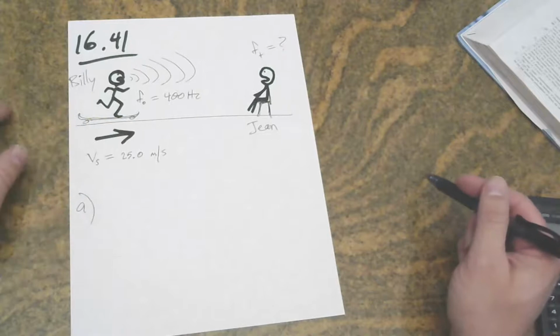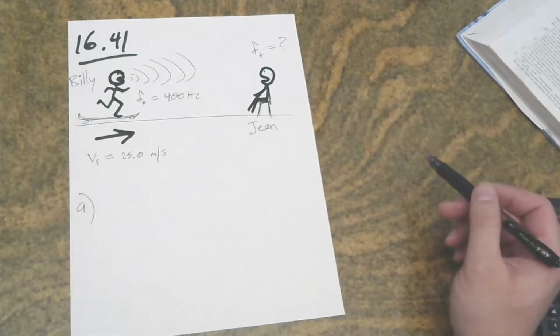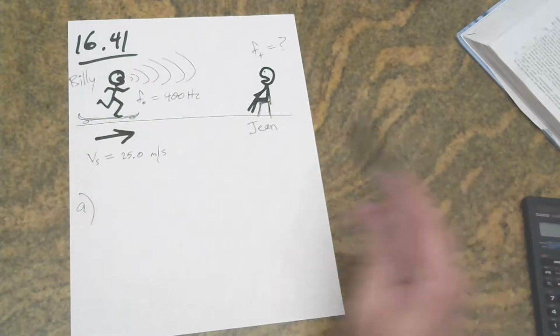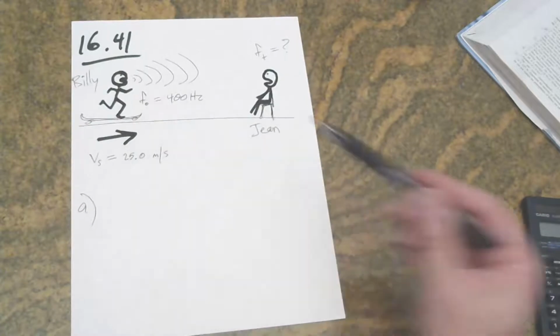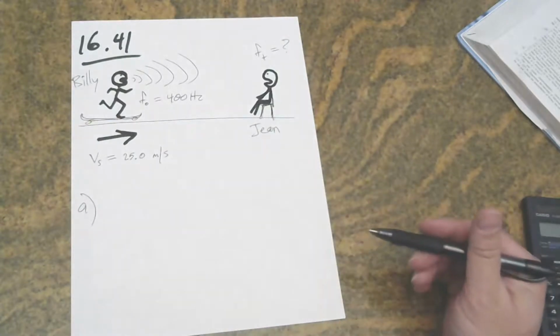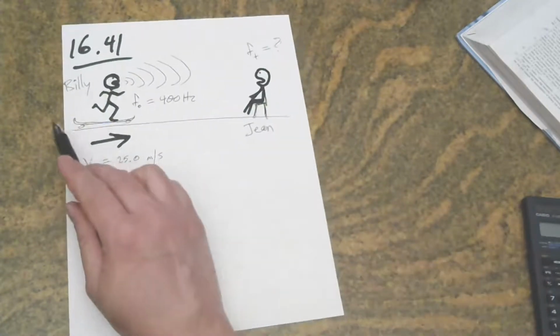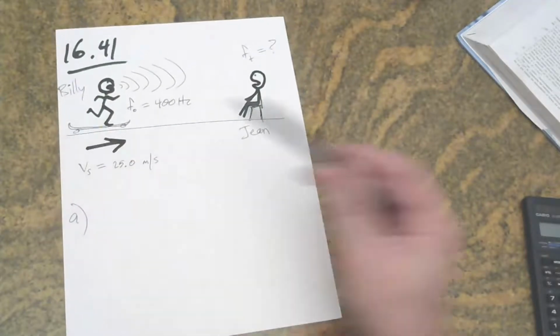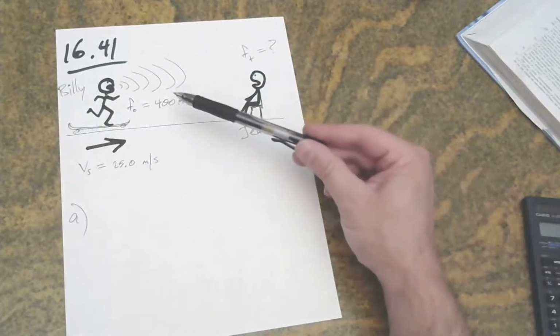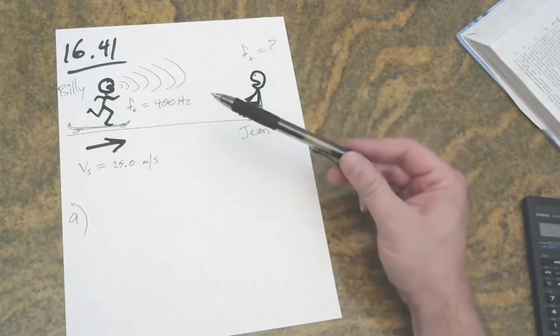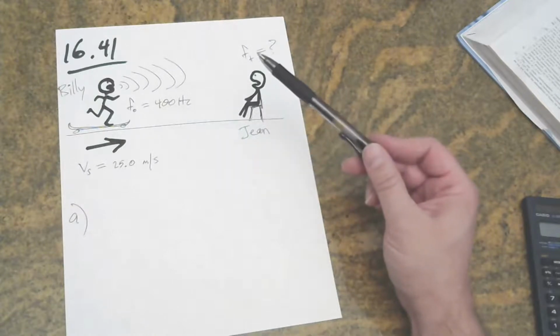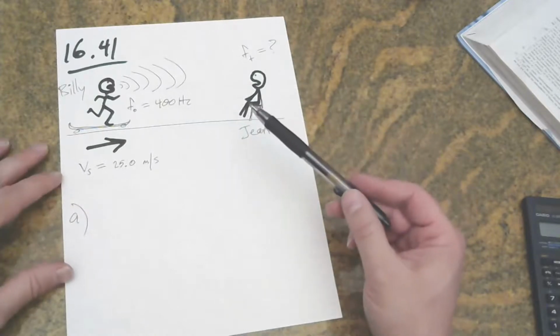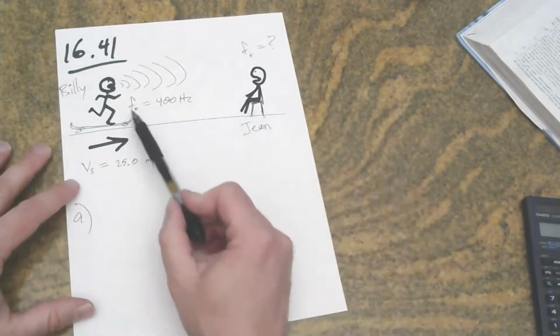Billy is producing waves that travel through a medium, the medium being air. So we know that the wave fronts will bunch up in front of him, and they'll spread out behind him, or you could say they're compressed in front, spread out in back. The wavelength gets shorter, but the speed of the waves doesn't change. That's an important point.